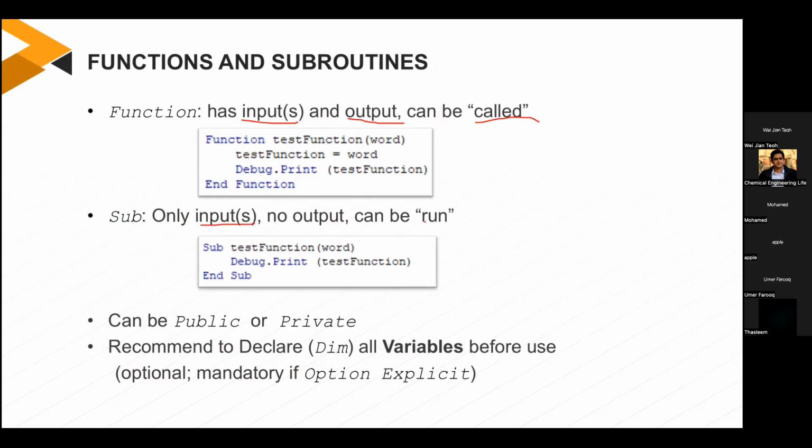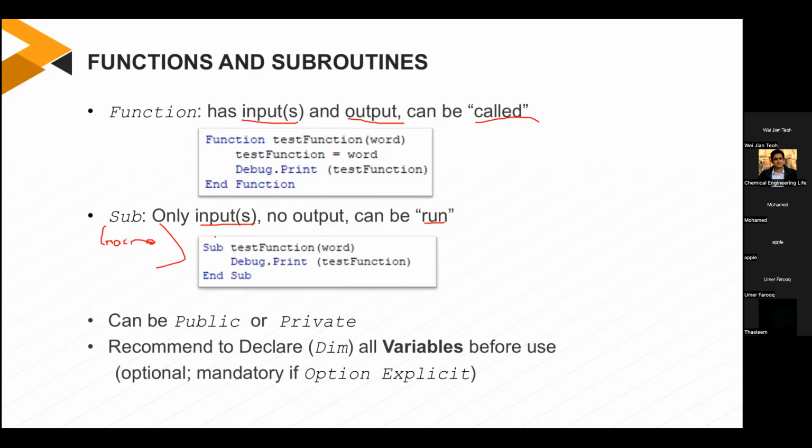And usually we use the term run. So I would like to run subroutine 1. I would like to run subroutine 2. If you're familiar with the term macro in Excel, a subroutine is also the official name in VBA for a macro. So if someone tells you I'm running a macro, he or she is running a subroutine. It's actually that simple, right?